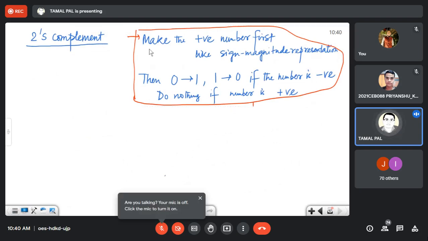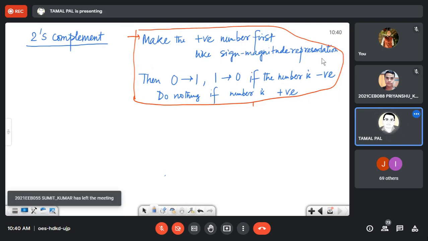This is not the absolute type of making the positive number first, like unsigned representation. There it's true, but here, if the number is positive, do nothing. That is also true.